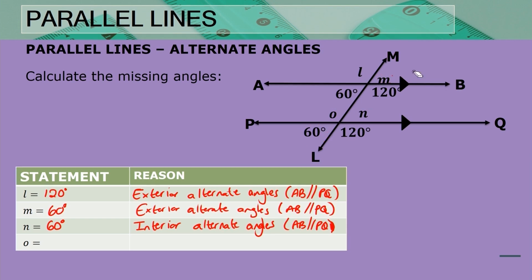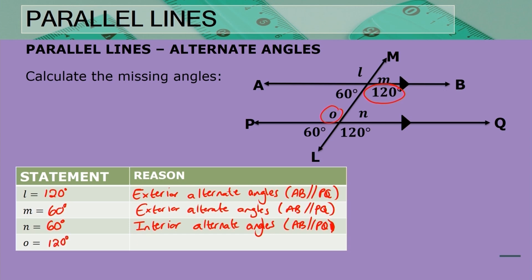And lastly, we have angle O. Angle O is interior alternate with our 120 degrees. So that means that O is 120 degrees.